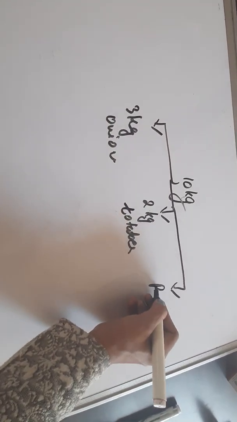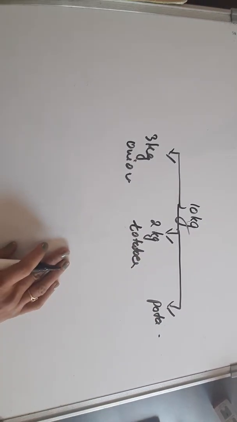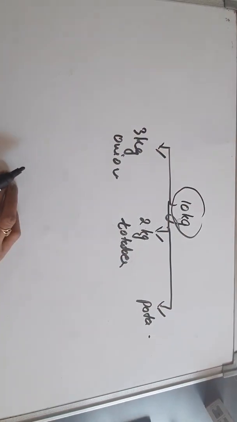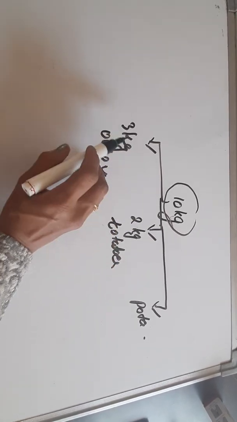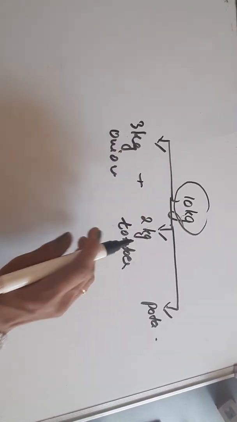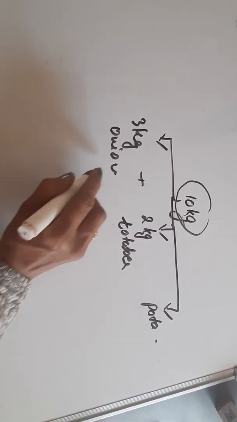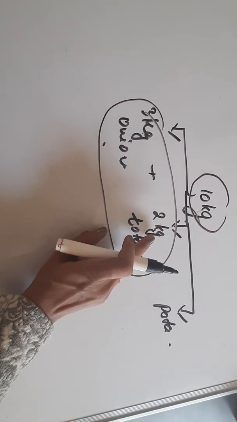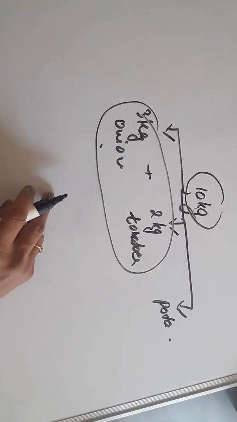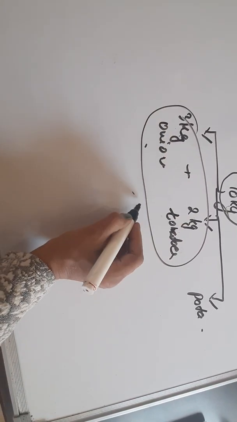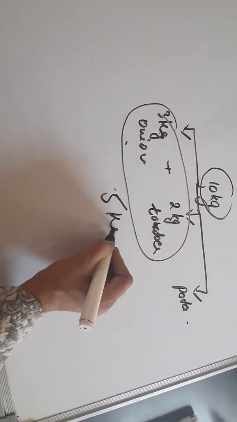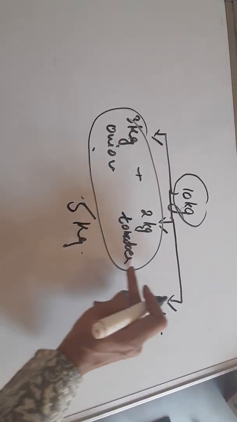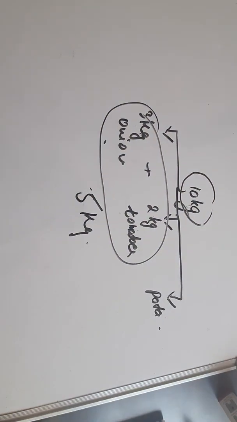Now you have to calculate the weight of potatoes from this. Total weight is 10 kg. Out of this, that much weight is of onion and tomatoes. So what will you do? You will first add the weight of onions and tomatoes, right? Then by adding it, you will get 5 kg. And then this weight will get subtracted from the total bag.